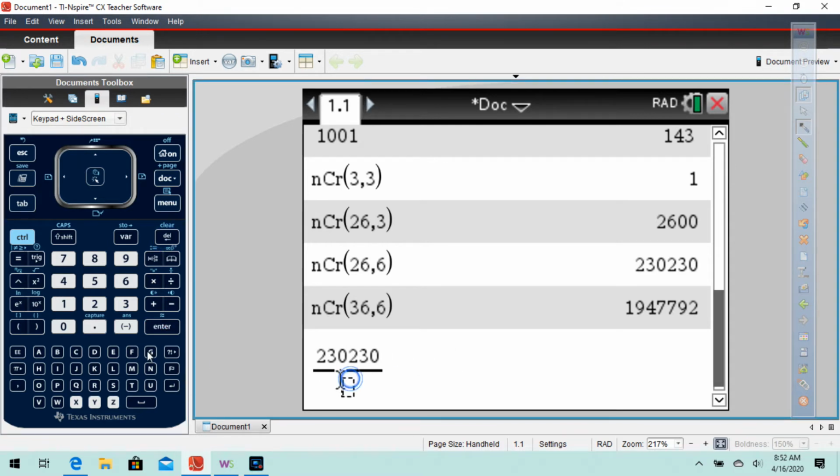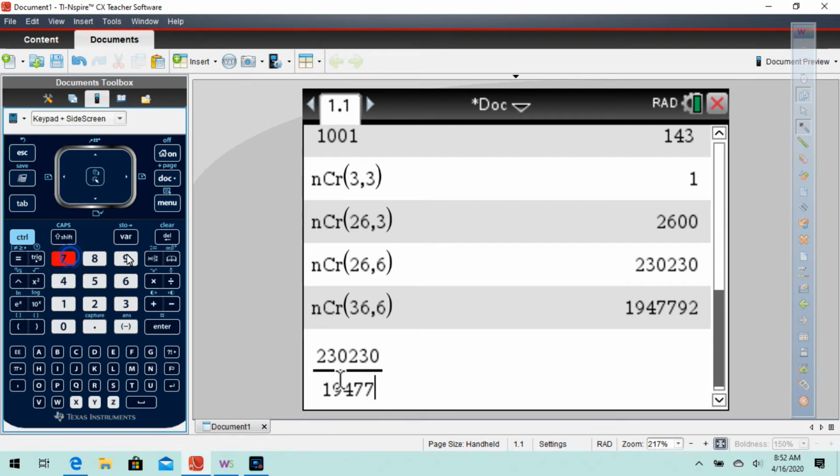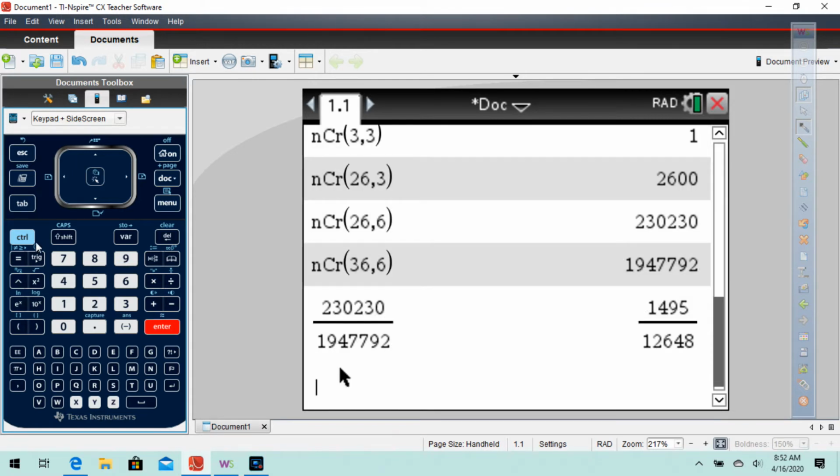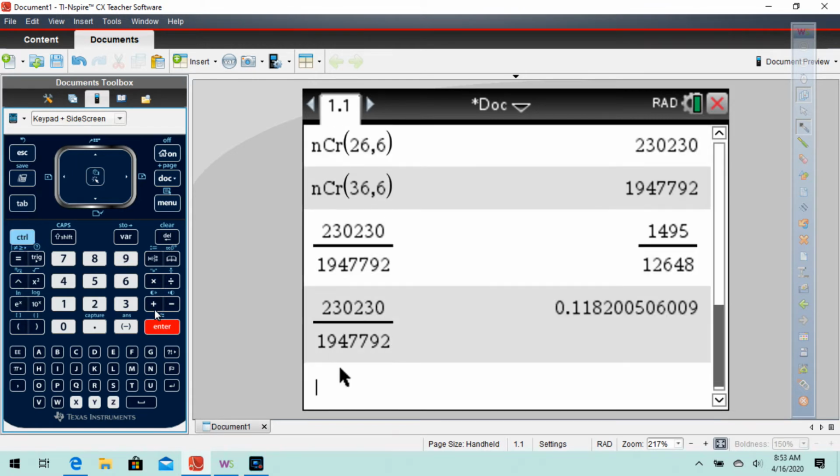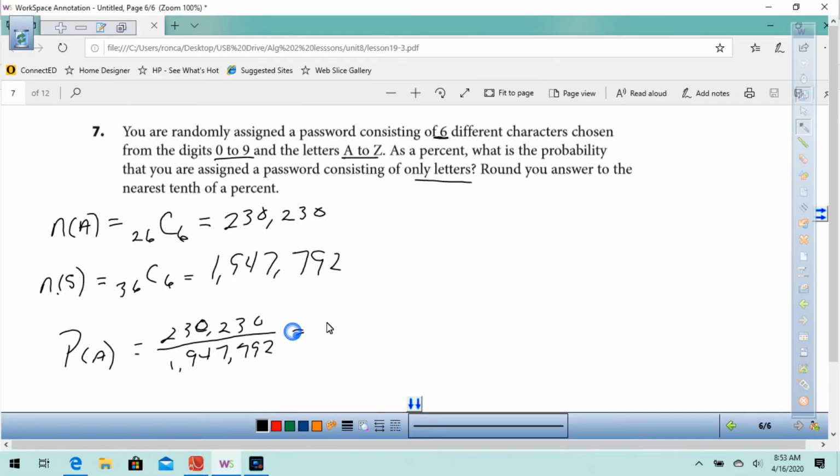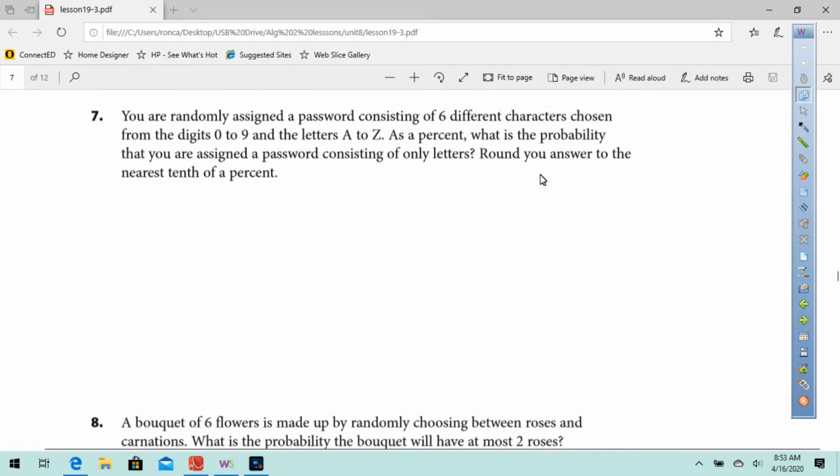I guess I'm going to have to write it. That's 0.118. So basically about a 12% chance that you would get just six letters.